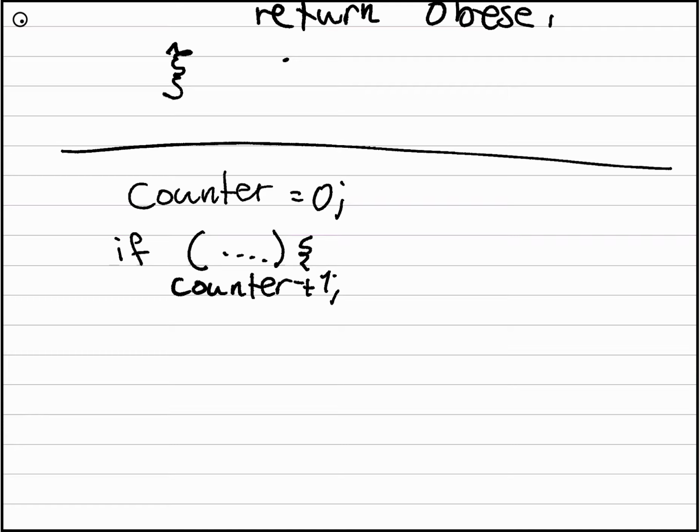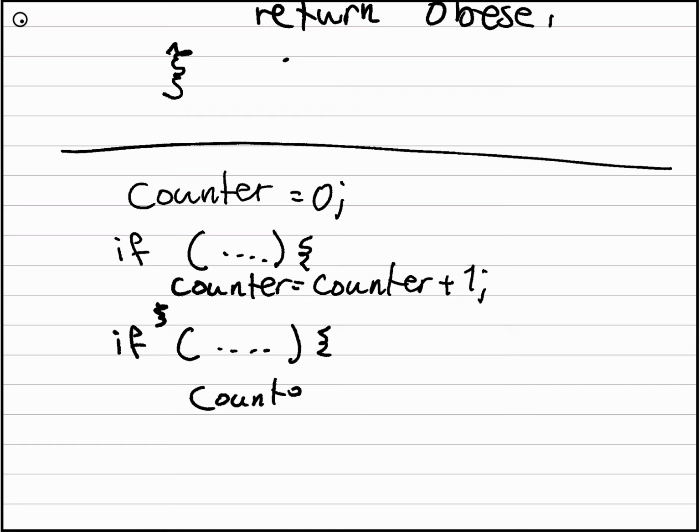This is the equivalent of saying counter gets counter plus 1. This just makes 0 to be 1. And then you have if some other condition, then you want to say counter gets counter plus 2.